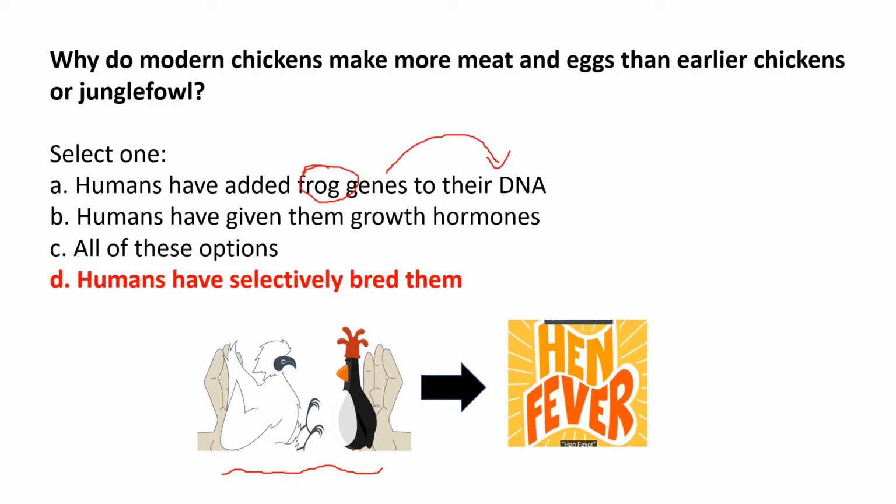Right now we have the techniques. This is not the main reason why they produce more meat and more eggs. The main reason right now is this one. Although we can add hormones, and they also play a key role, right now the main reason still is this. So the main reason of all this is selective breeding.